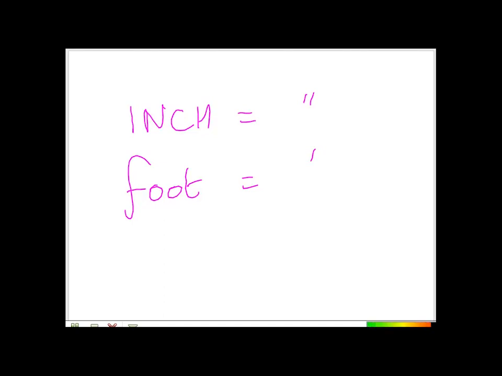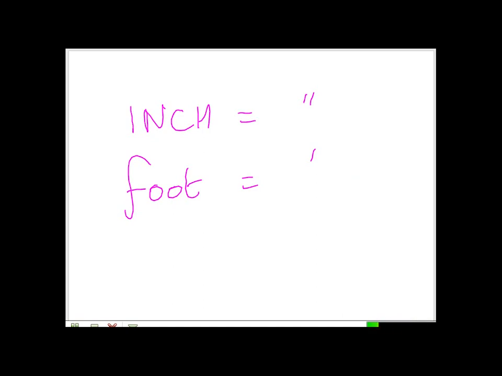So, first thing I've got to do is I made a mistake last week, and I'm not sure what I said, but I think I got the inches and feet symbols the wrong way around. The symbol for an inch is a double tick, and the symbol for a foot is a single tick. There are 12 inches in a foot.